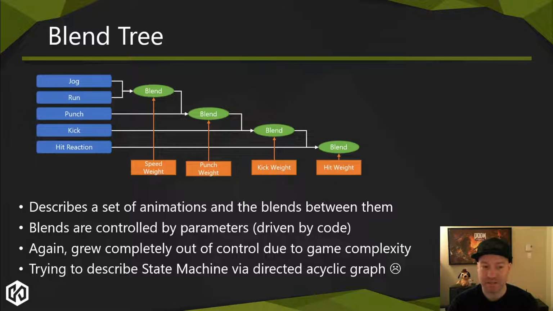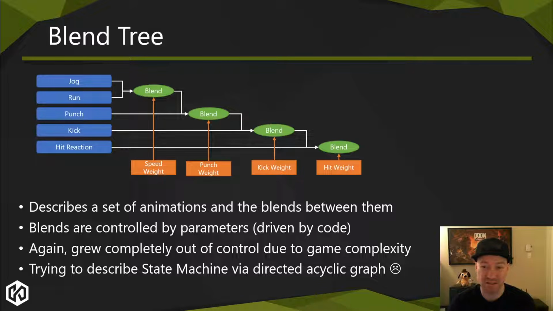Some places extended this in a really, I'm going to say aggressive way, where they built a massive blend tree that handled everything. I think some UE3 projects initially were doing this because there was no state machine, it was just a blend tree. So they would do something like what is shown in the slide, where you have all your different animation states in a giant blend tree, and code would be controlling the weights in and out.